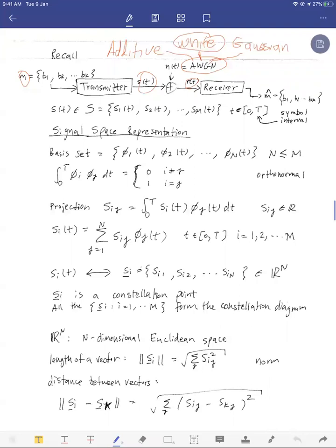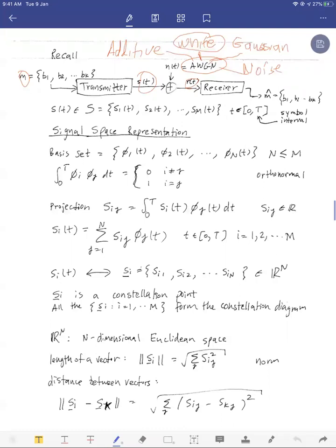Okay, and then of course the last term in AWGN is just noise, which means that this thing N of t is undesired signal. It's noise. Okay, so we are looking at a very high level model of a generic digital communication system.